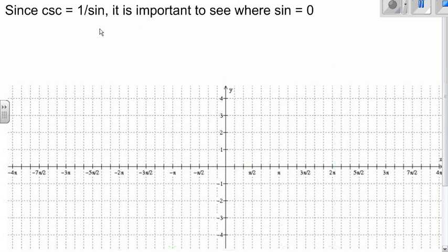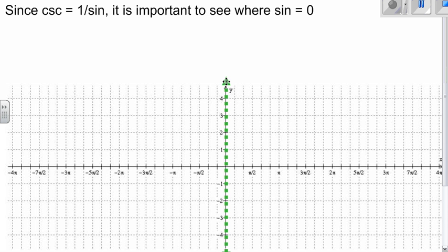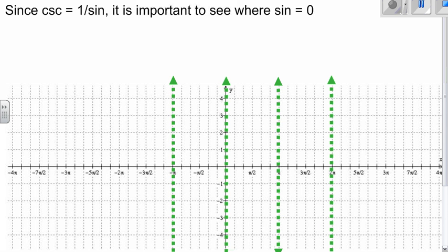And now we can look at cosecant, which is 1 over sine, so we need to know when sine is 0, which we just talked about. Sine is 0 at 0 and all the multiples of pi. And again, we'll think about the unit circle for just a moment.